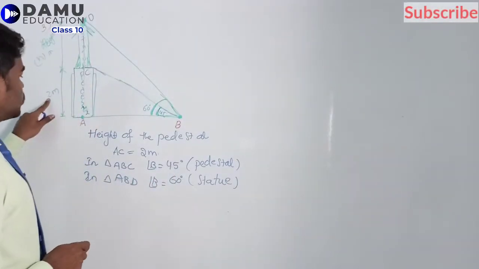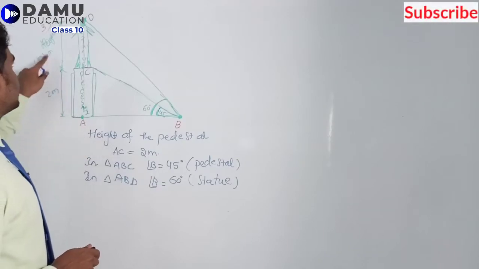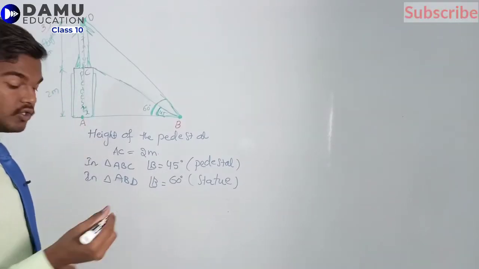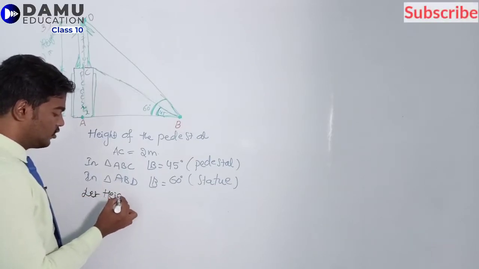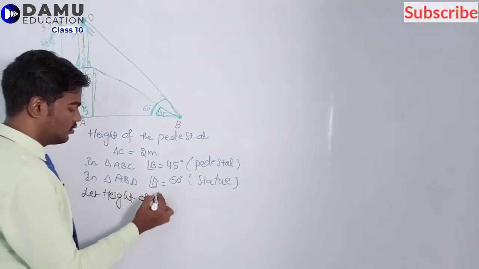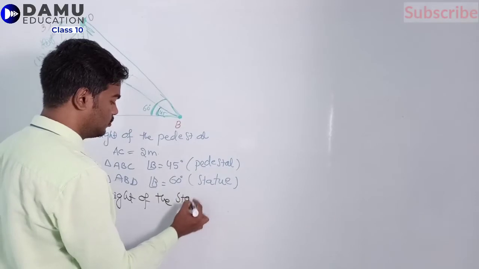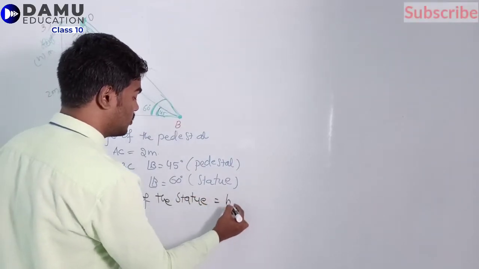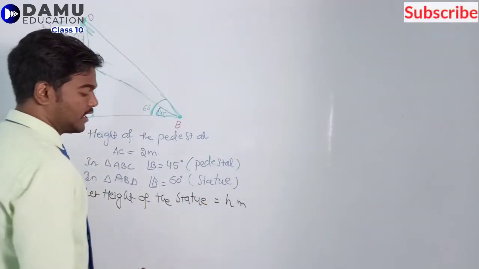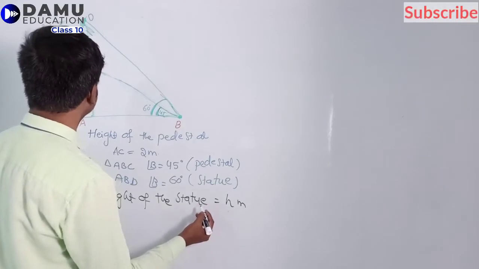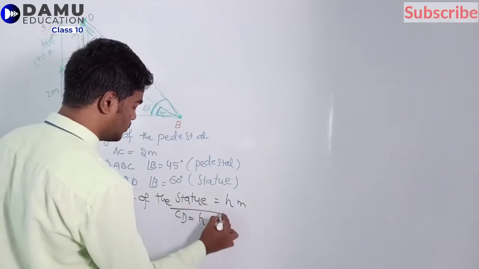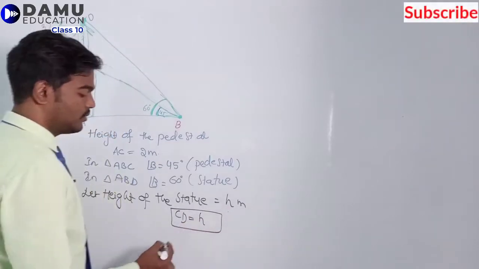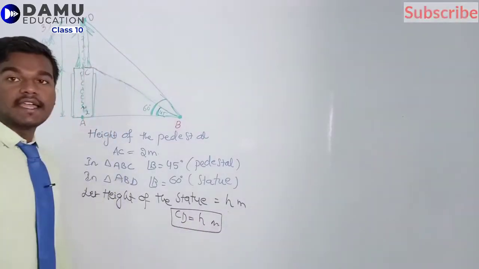So here 2 meters is the given height and we don't know the height of the statue. Let's consider the height of the statue to be small h meters, that is CD. So CD will be equal to h meters.